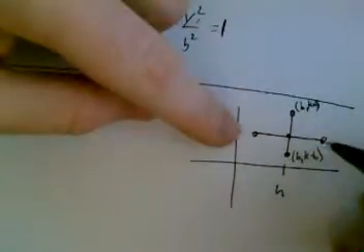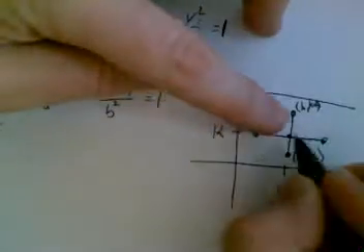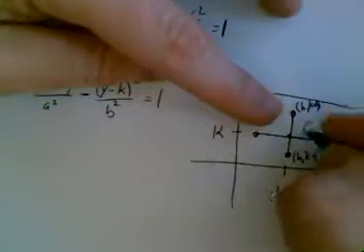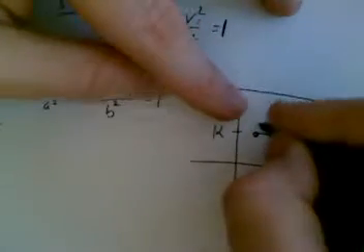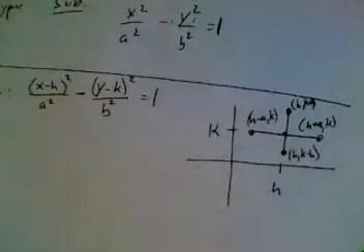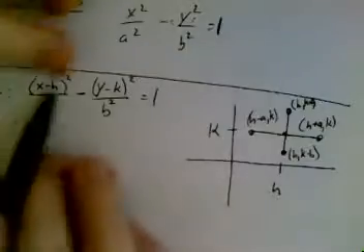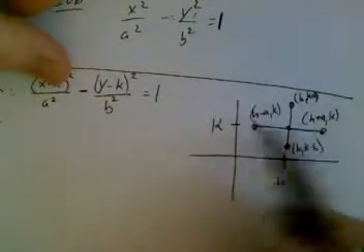Now, where are those vertices going to sit? Well, I'm going to go over h up k, but then I'm going to go over an extra value. What's that extra value? Well, it's going to be h plus a comma k, and over here is h minus a comma k. Again, very, very similar to that of the ellipse, where the h is the center and the k is the center, the intersection of those two cross lines.